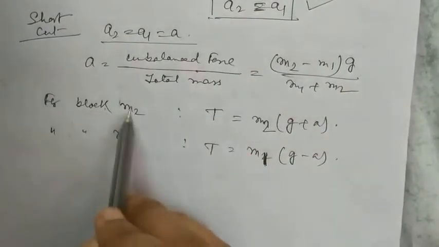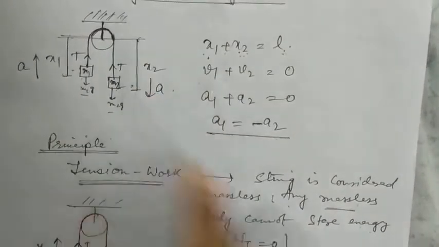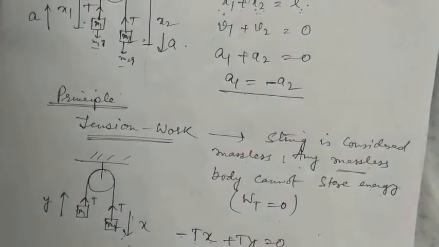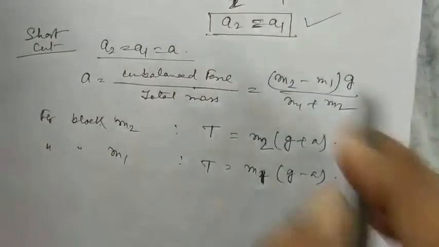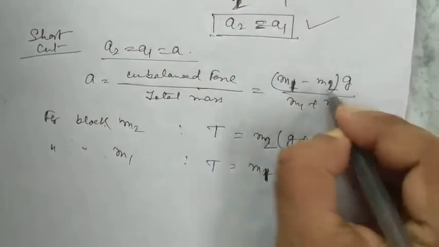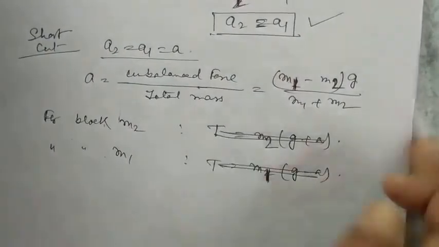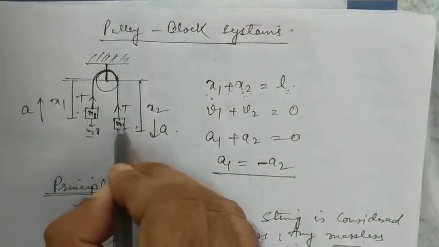Now for block M2, what was M2 doing? M2 was moving downwards. Sorry, this is M2.